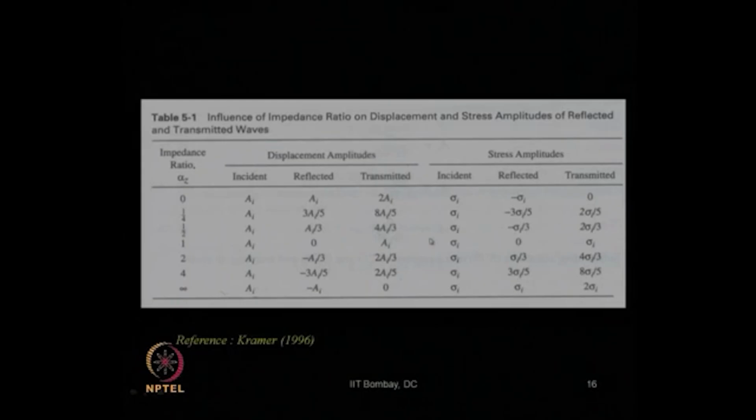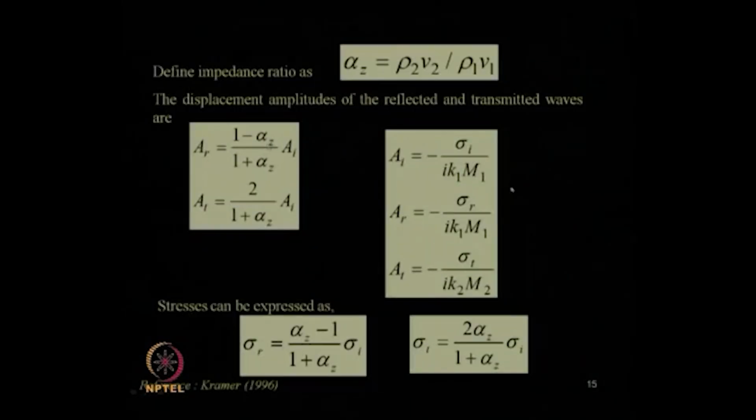So, these are the cross checks of whether these derivations of equations are correct or not, through these common known conditions. And what is the impedance ratio of infinity? What does it mean when it becomes infinity? Infinity means this one becomes 0. Suppose there is a wave, say a P wave, which travels in the air and goes to another media.